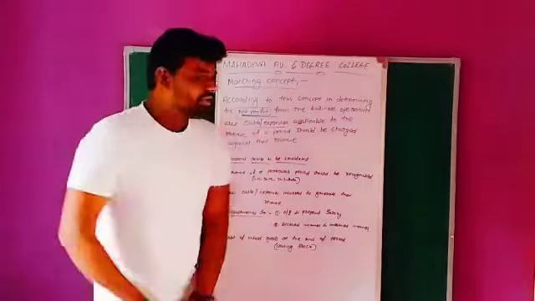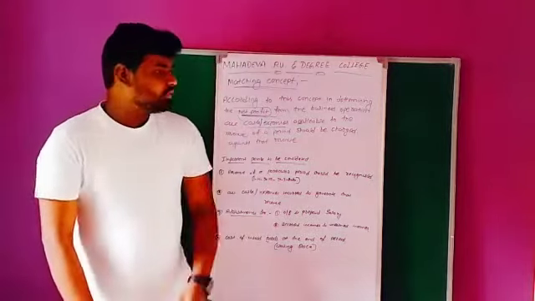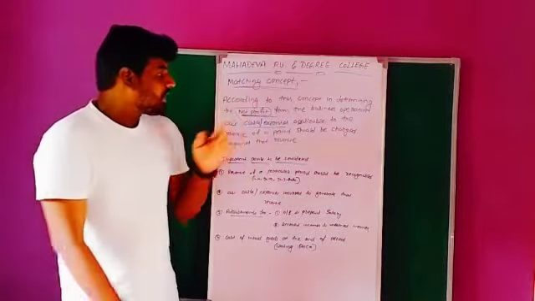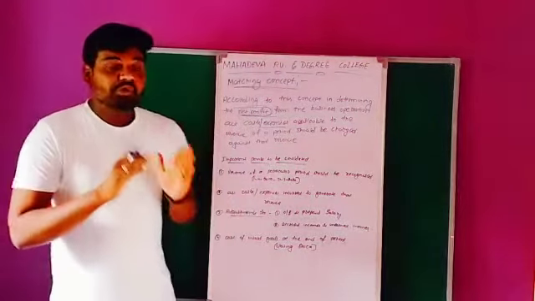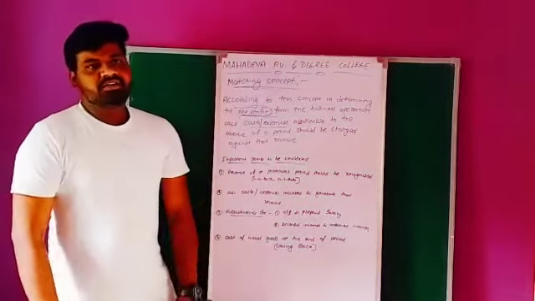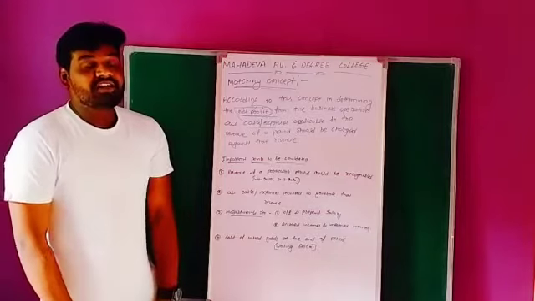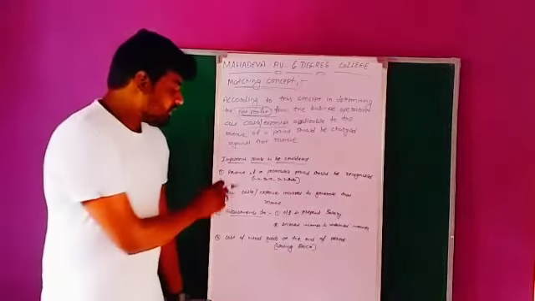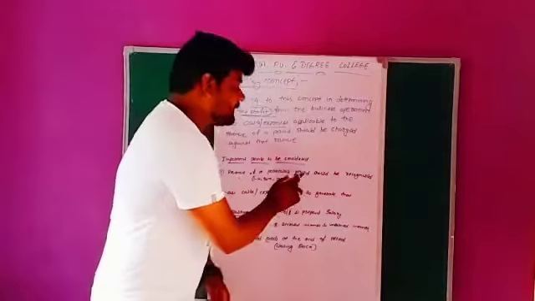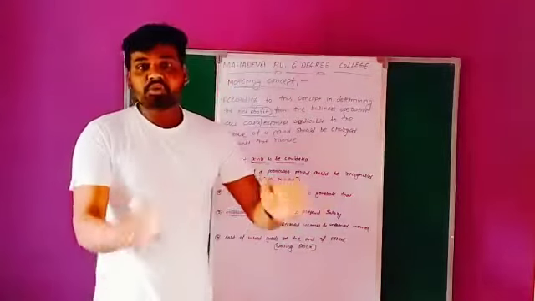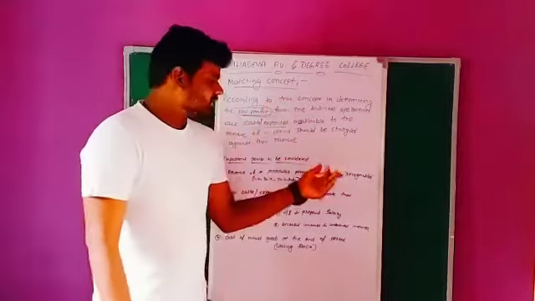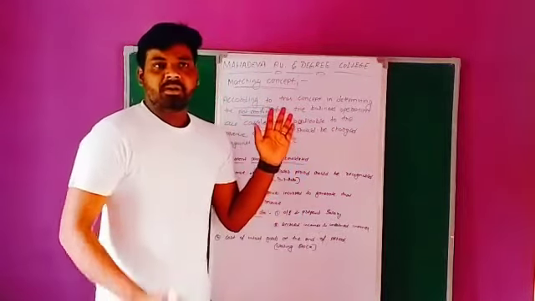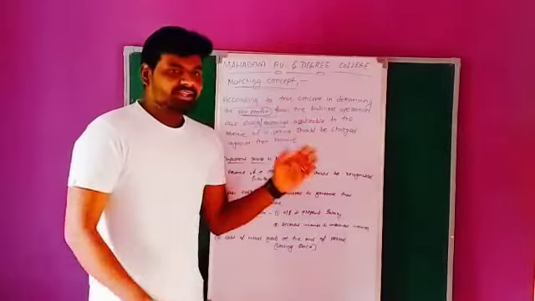In the same way, when we come to this matching concept and are finding the net profit, we need to consider a few important points. The first one: revenue of a particular period should be recognized. First we need to recognize the period for which we are preparing the statement of profit and loss account to ascertain net profit.